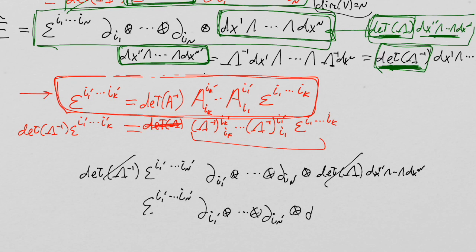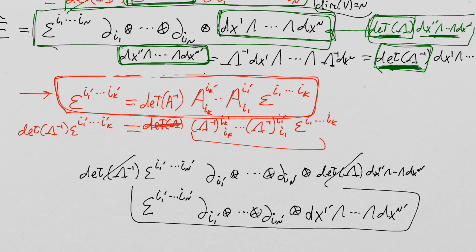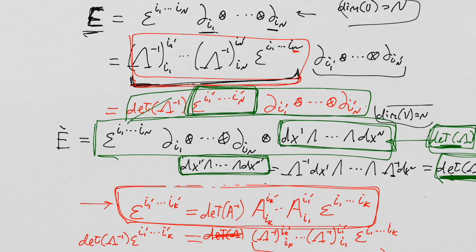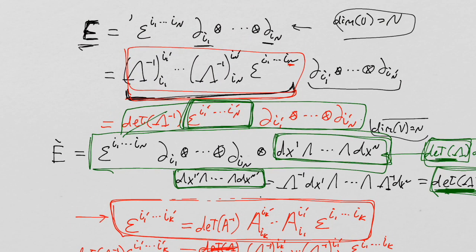dx1 prime wedge dxn prime. And this thing here actually looks identical to what we started with, which was this thing here. It's just now in the prime system.